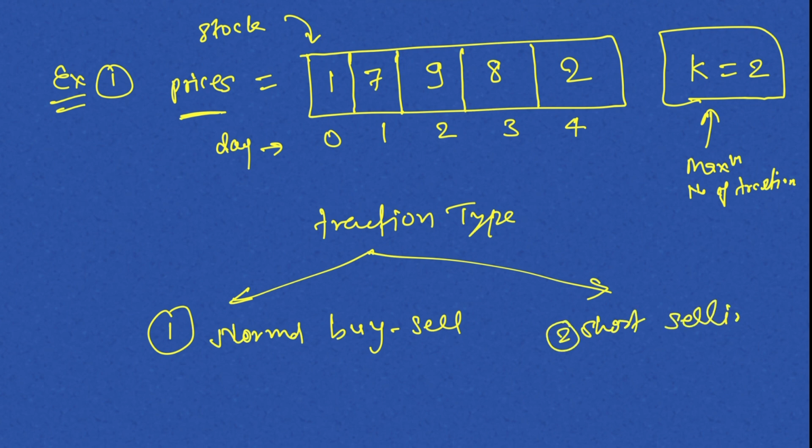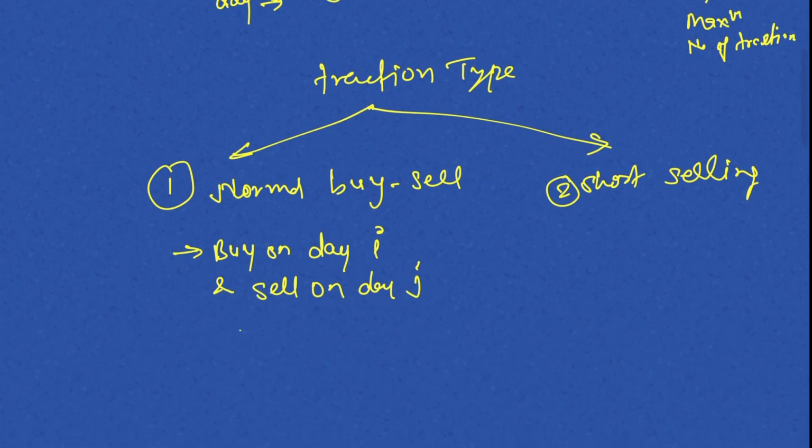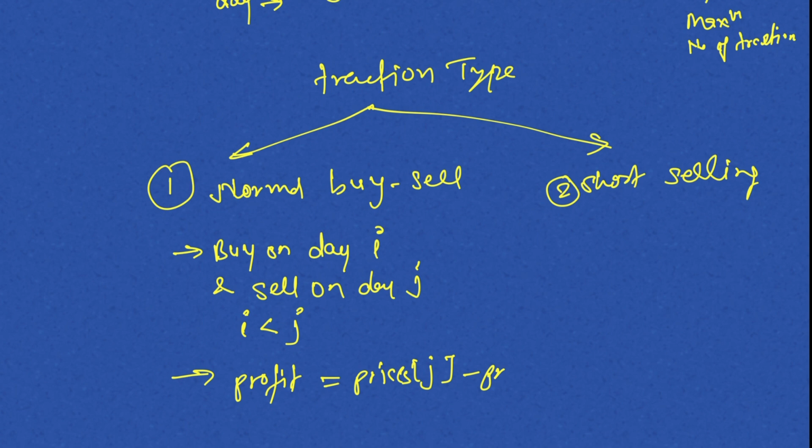In the normal buy and sell, you need to buy on day I and sell on day J, where I is less than J. We get the profit by prices at J minus prices at I.